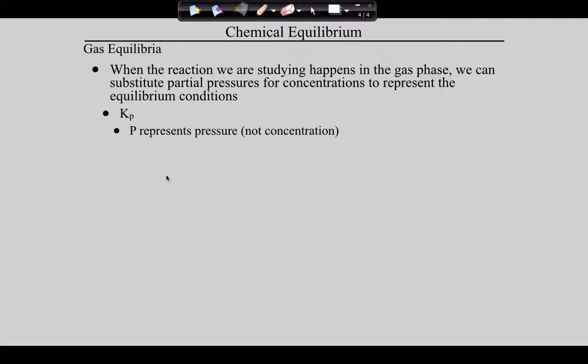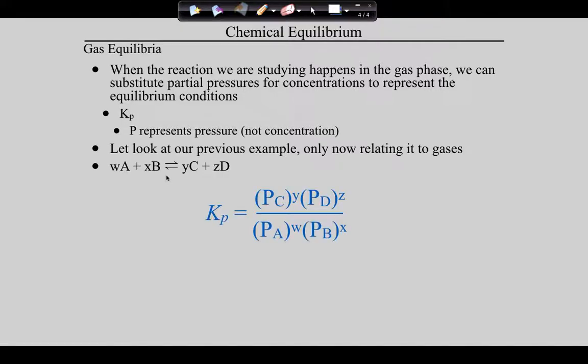Hold on. So, guys, it rolls out like this. We call these things Kp values. Notice the difference. This is a P instead of a C. And instead of this being brackets, which means molarity, it's now parentheses, which means here comes a number. And that number is the partial pressure of all the gases.